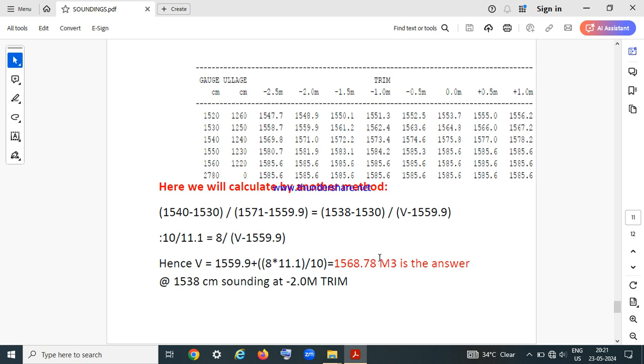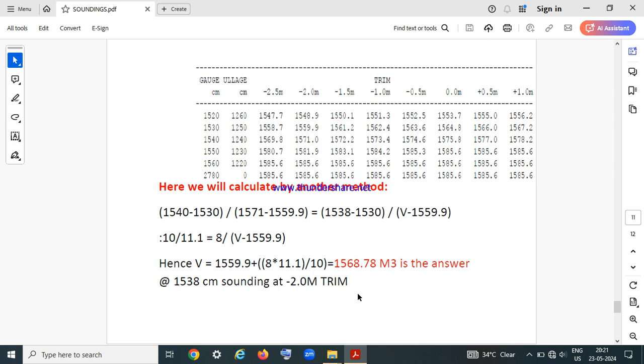You can calculate yourself. Suppose again you are confused, then use the basic first method: drop the sounding tape fully until you feel the bob touches the tank top, then pull out the sounding tape and you can see the reading.